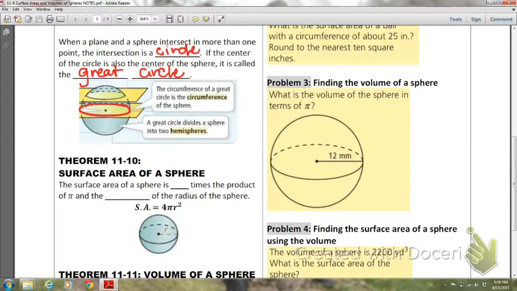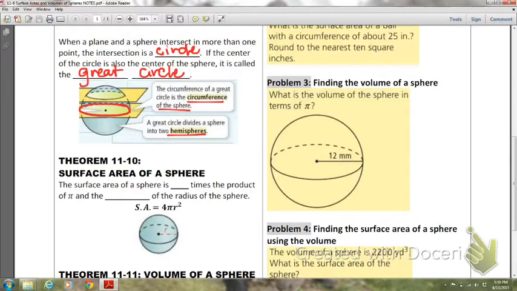The circumference of a great circle is also the circumference of the sphere, and the great circle divides the sphere into two hemispheres, just like the Earth has a southern hemisphere and a northern hemisphere. The great circle would be where the equator is.